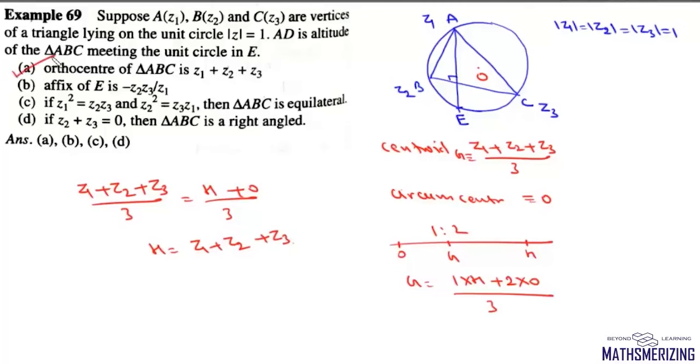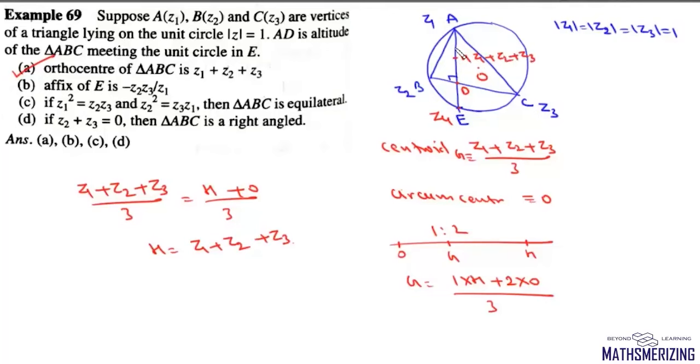Now for B, this E is given by minus Z2 Z3 upon Z1. Suppose this is Z4. Now we know that this H is Z1 plus Z2 plus Z3.